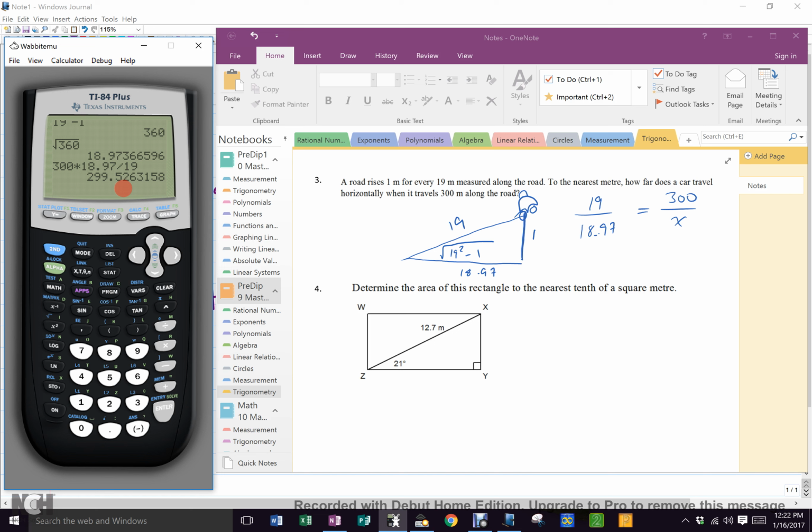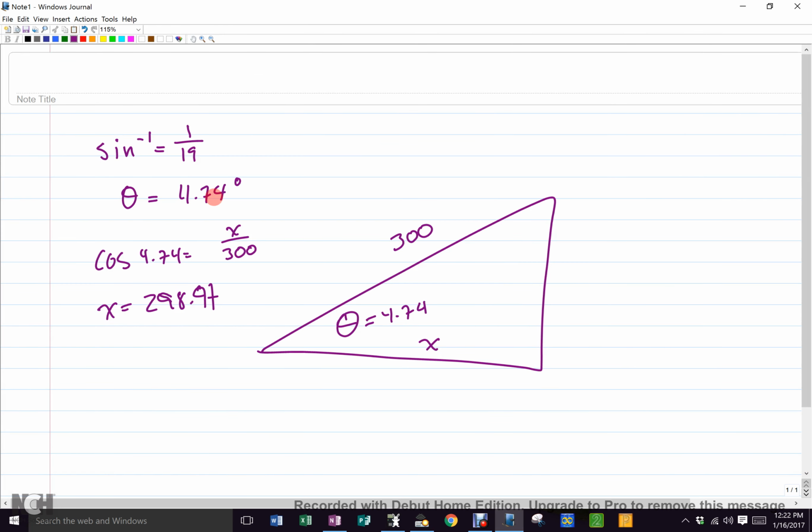How would you do the sine -1 thing again? How did I get that number? On your calculator, depending on what you have, you either push second sine bracket 1 divided by 19, close brackets equals, or you do 1 divided by 19, then shift or second or whatever, sine equals, depending on whether your calculator is forward or backwards.